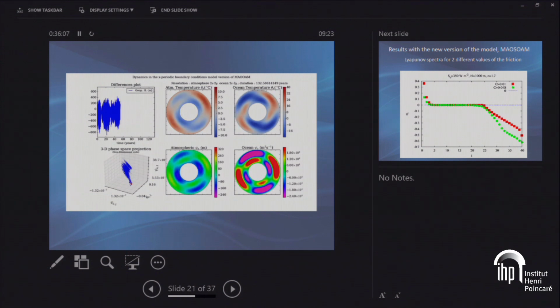At some point, the atmosphere is frozen and is evolving coherently with the ocean. At that time, you have quite good predictability of the system. But when you leave this situation, then you don't have good predictability anymore.